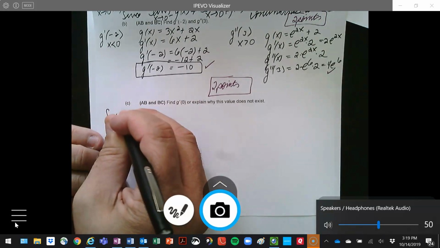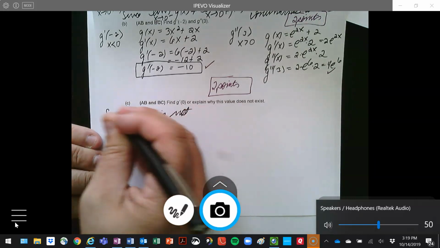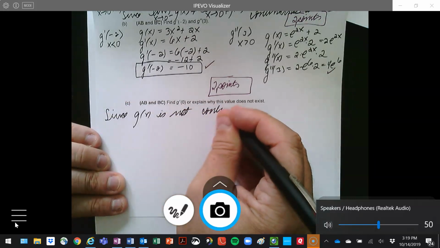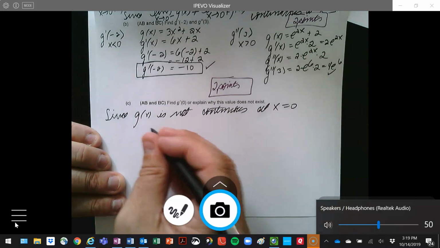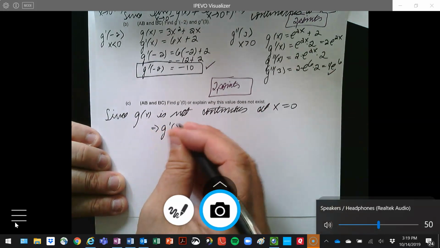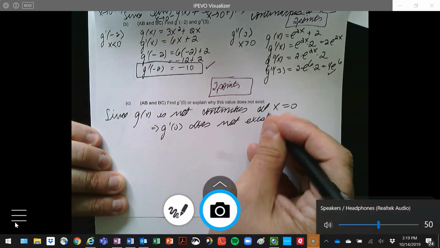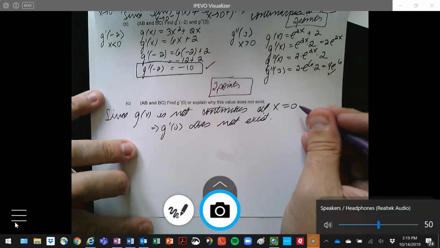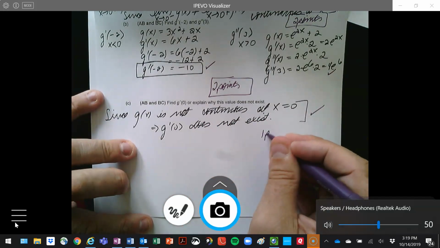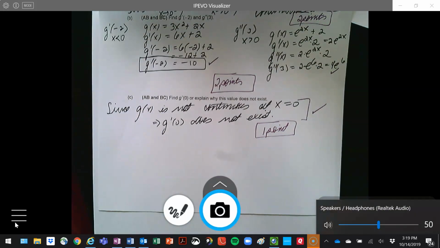So all you needed to say is that since g is not continuous at x equals 0, g prime of 0 does not exist. That's it. That statement, that's all you needed right there. That got you the 1 point you want to get in and get out and get done. All right, let's keep going.